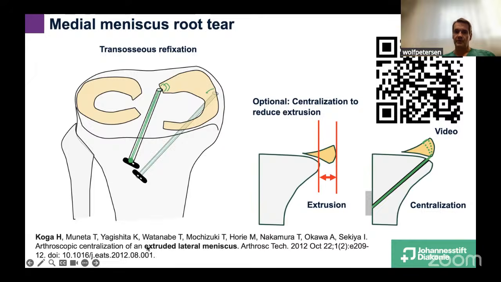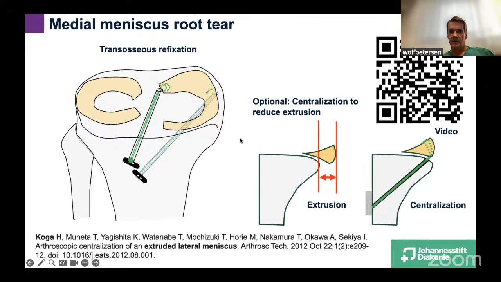He described it first for the lateral meniscus, but I think it makes more sense to perform this at the medial meniscus, because extrusion plays a bigger role at the medial meniscus. At the lateral meniscus, the extrusion in most cases is not as severe as you can see on the medial side, and the cause for this is maybe the still intact meniscofemoral ligaments in most cases.